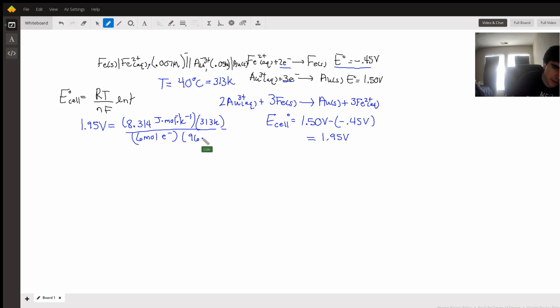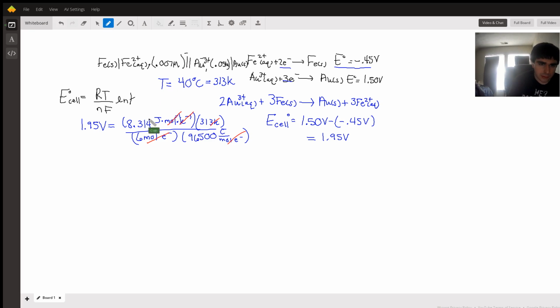Now, the Faraday's constant can be written out multiple ways, but for the most part, it's easier to write it out like that: coulomb per mole e. Make sure your units cancel out. And they do, right there, right there, right there, right there. And volts is equal to joule per coulomb, so we are good.